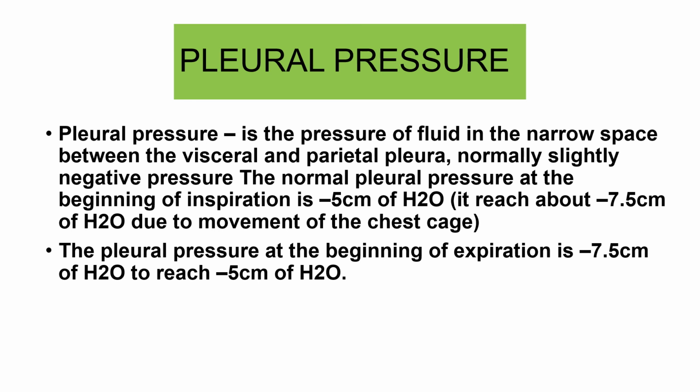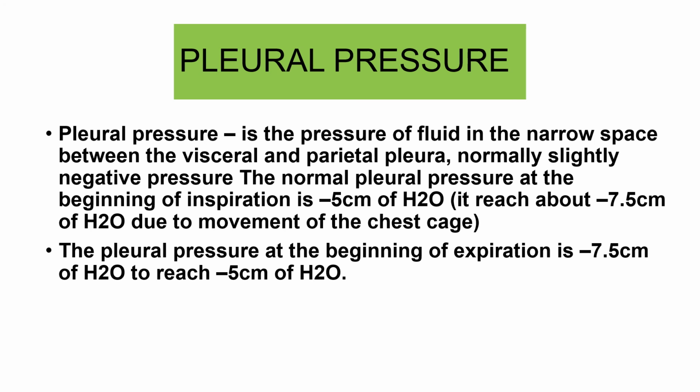Now we have to know about two pressures, the pleural pressure and the transpulmonary pressure. What is pleural pressure? Pleural pressure is the pressure of fluid in the narrow space between the visceral and the parietal pleura. Normally it is slightly negative.